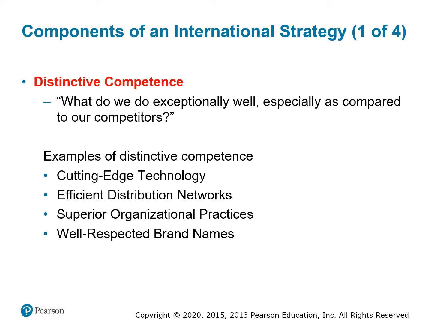Firms use this approach to achieve competitive advantage outside its home market. This is where the firm asks the question, what do they do exceptionally well, especially as compared to their competitors? The distinctive competence represents an important resource of the firm. For example, Disney's name, image, and portfolio of characters.